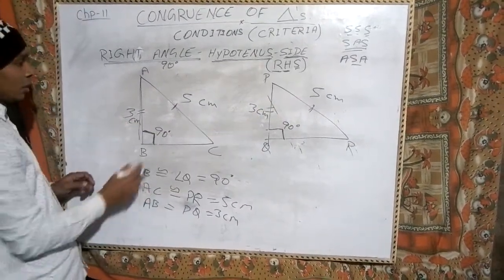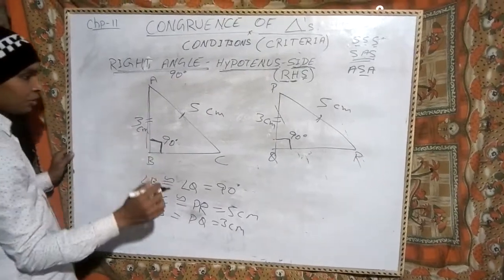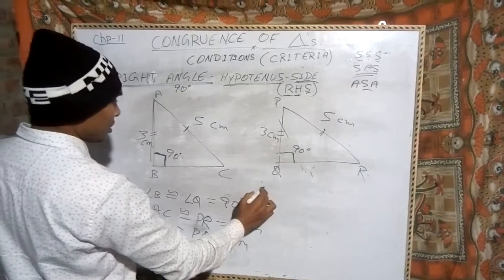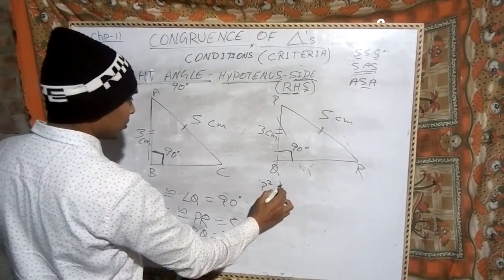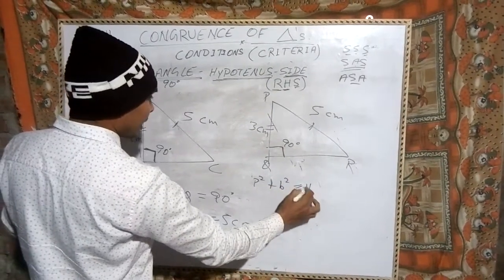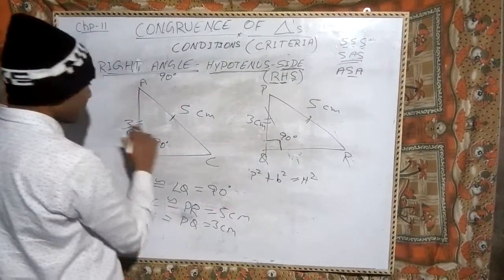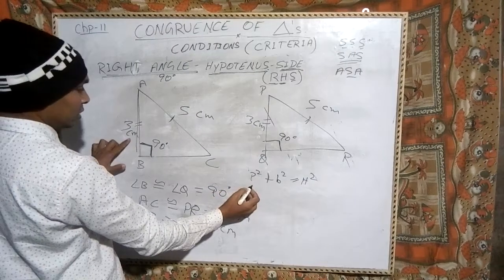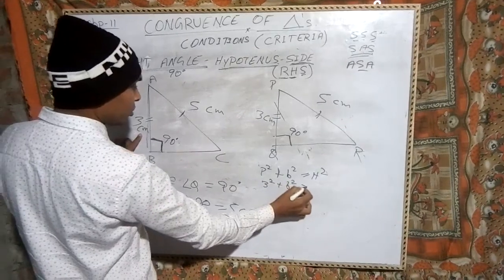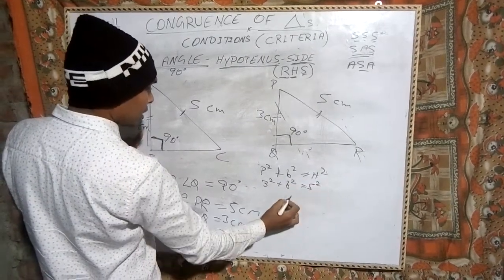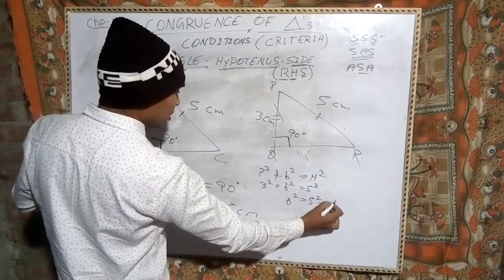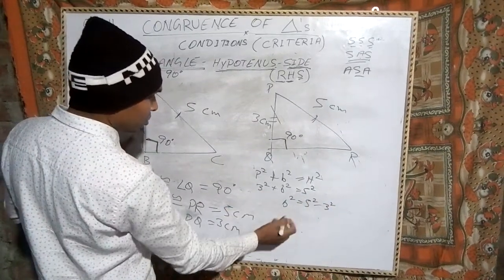So take a condition, as you know, the Pythagoras theorem. According to the Pythagoras theorem, perpendicular square plus base square equals H square. So take 3 square plus B square equals 5 square, and B square equals 5 square minus 3 square. The plus came here and became minus.